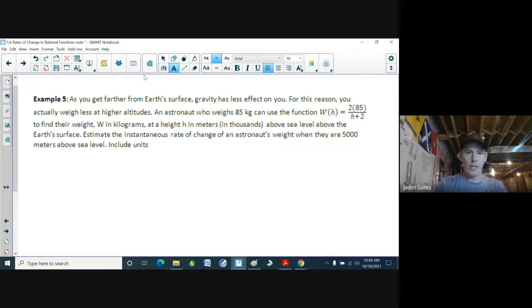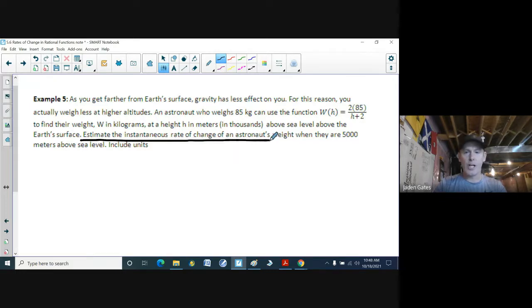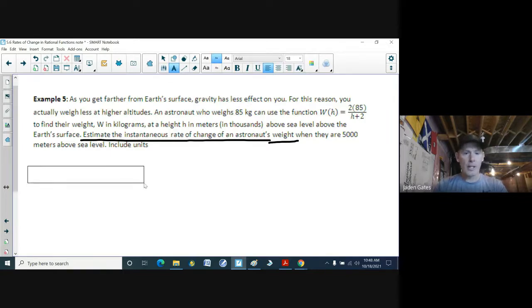All right, so thousands of meters above the Earth's surface. Here we go. That's a wordy question, but estimate the instantaneous rate of change of the astronaut's weight when they are 5,000 meters above sea level. Include units. So again, we're looking at the instantaneous rate of change. Now, this is 5,000 meters above sea level, and our height actually is in thousands.